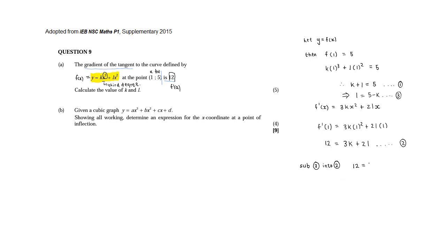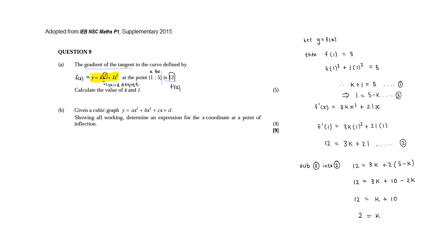So this will give us 12 is equal to 3 times k plus 2 times l, but l is substituted with 5 minus k. Then we have 12 is equal to 3k plus 10 minus 2k. So we have 12 is equal to, well, 3k minus 2k is just k, plus 10. Then 12 minus 10 is going to be 2.